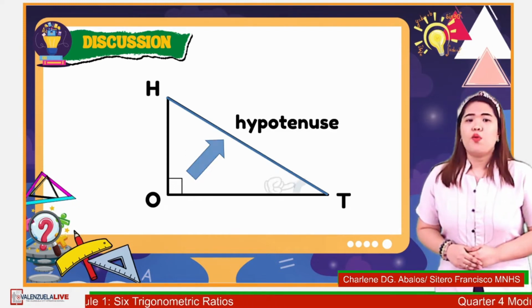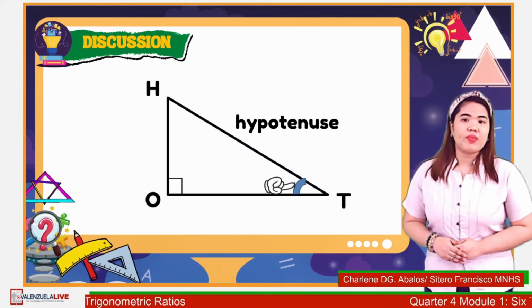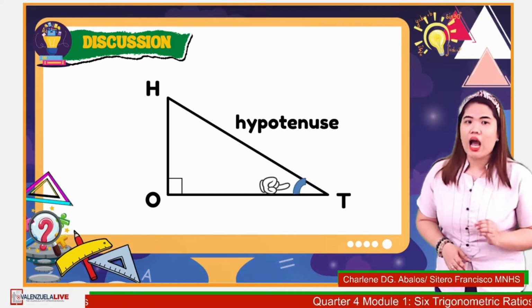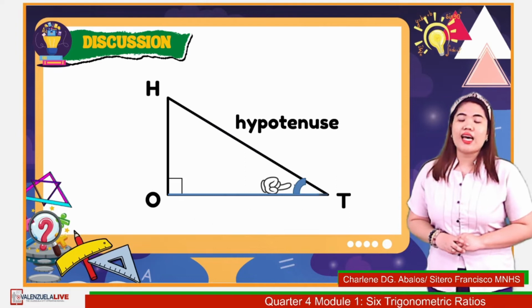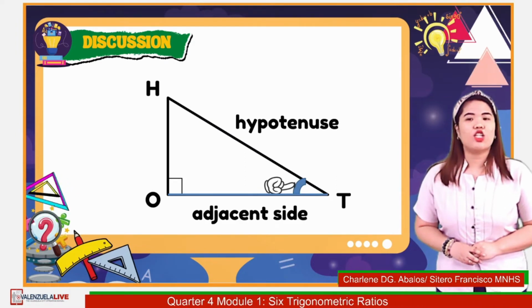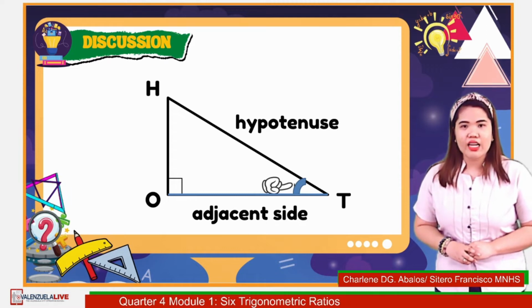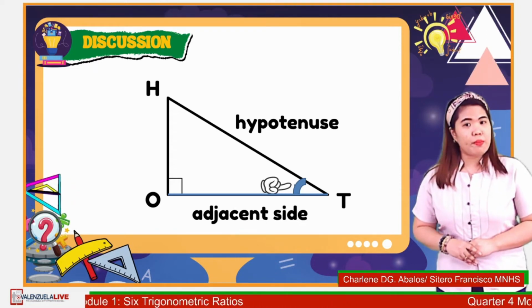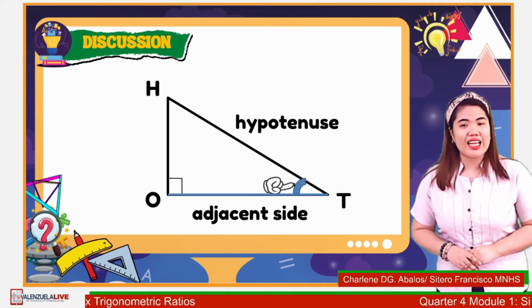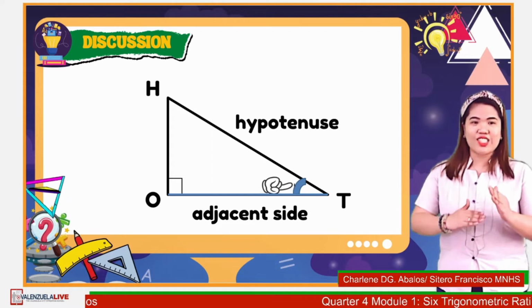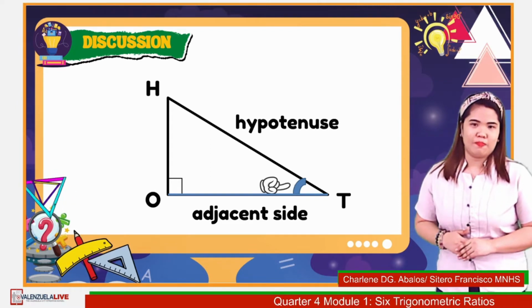Next, with respect to angle T, the side next to it, which is not a hypotenuse, is segment OT. And this is the adjacent side of triangle HOT. Always remember that the adjacent side is the non-hypotenuse side that is next to a given angle.